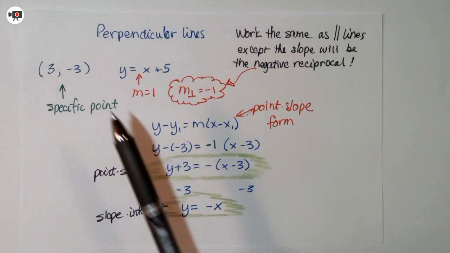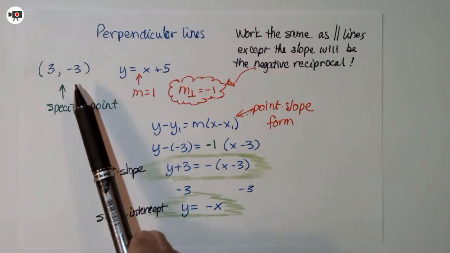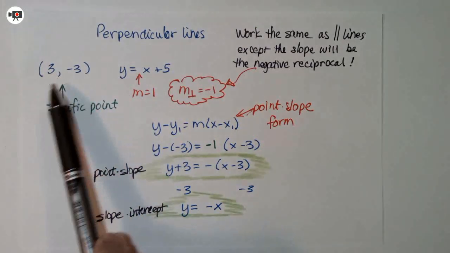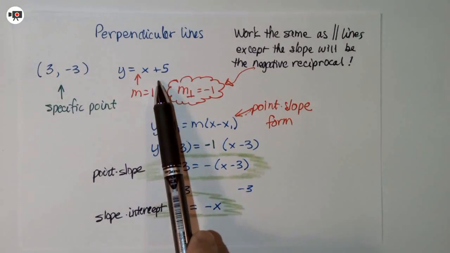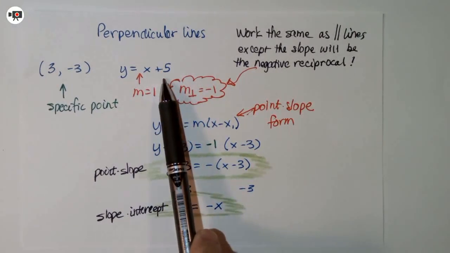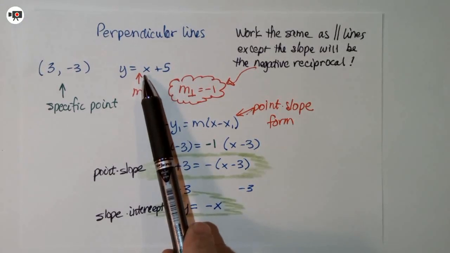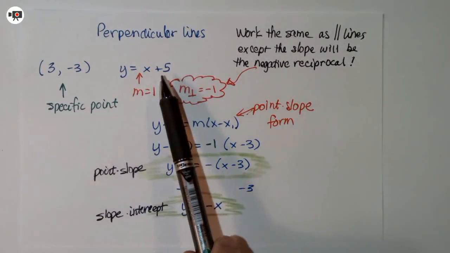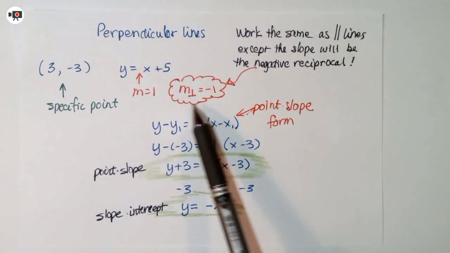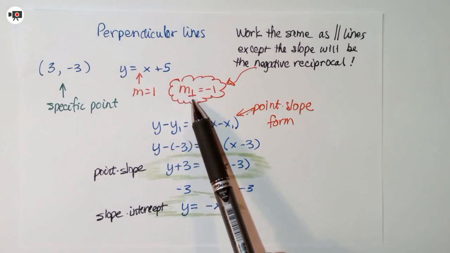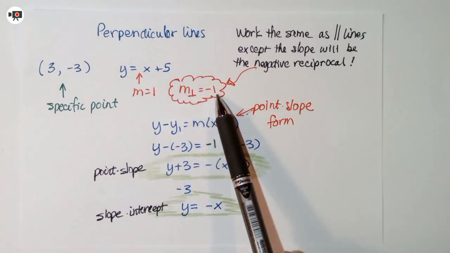So here we have, I want to find the equation of a line that goes through this specific point and is perpendicular to this line. Okay, remember the slope is 1. If there's nothing there, it's a 1, a positive 1. And so the negative reciprocal, the slope of the perpendicular line, is -1.